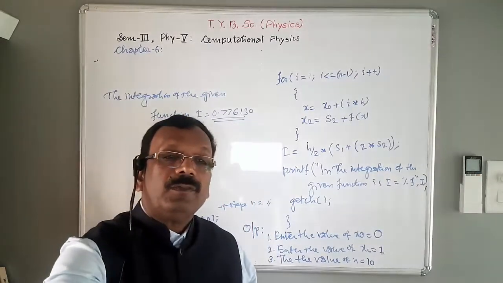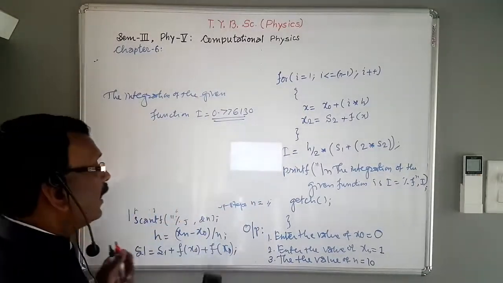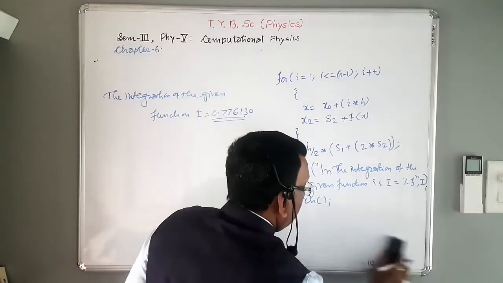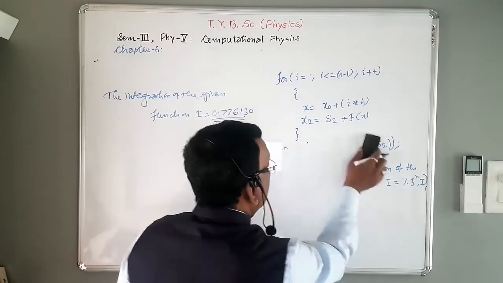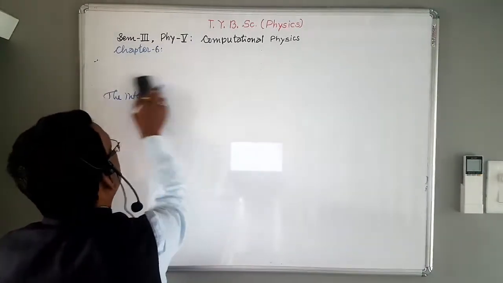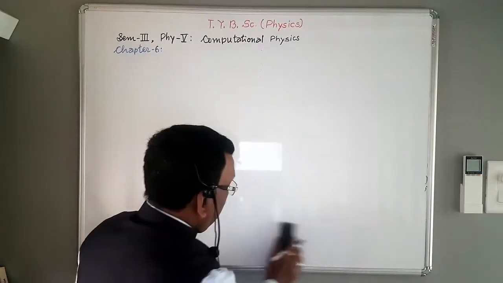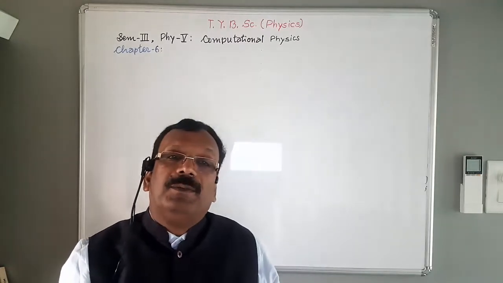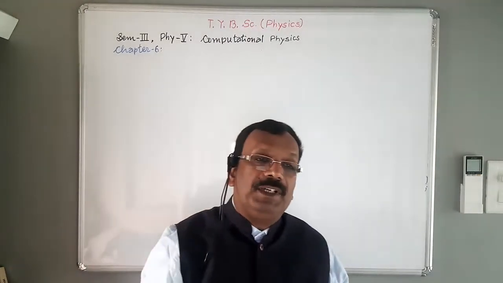Okay. Now we are going to see the last article or point of this chapter and of this paper also, that is the C program. After that our syllabus is completed.